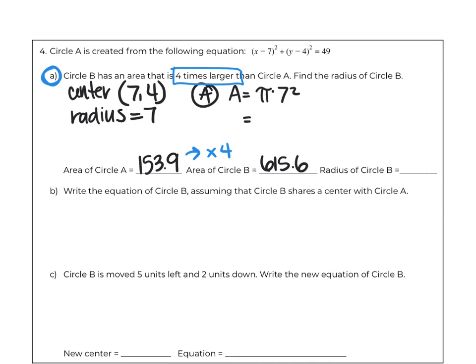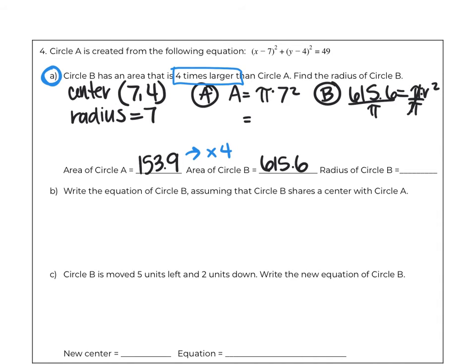Okay, and then to get the radius, I'm on circle B now. This is the area. How do I get the radius? What do I do to that? This is technically what it's equal to. I have the area. How do I solve that? Divide by pi. And a lot of people ask, do I round that?